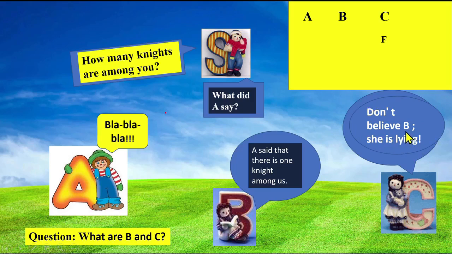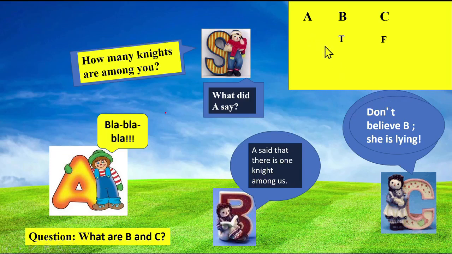The statement tells us inhabitant B is lying. Because it is false, it means that B is knight, so the statement, this one, is true. And it means that A said that there is one knight among us.